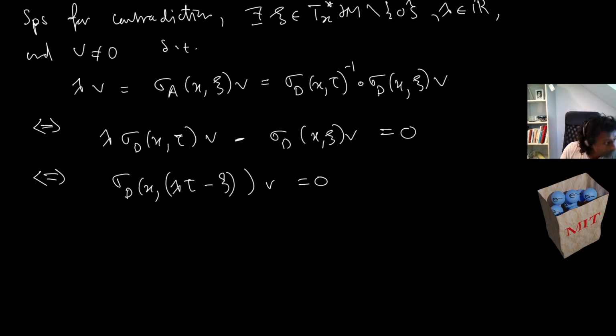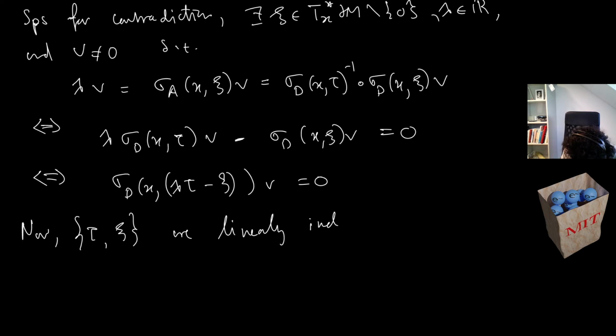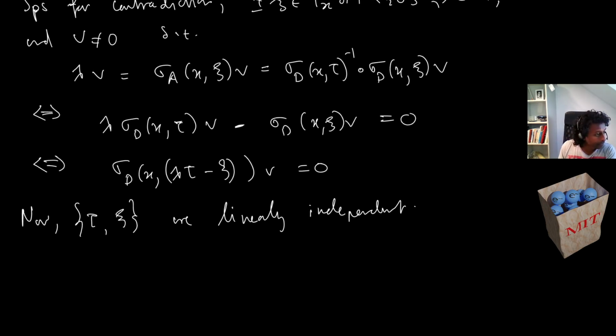So now that means, now tau and psi are linearly independent, right? Because the tau is pointing in the conormal direction. So tau and psi are linearly independent, which in particular means that lambda tau minus psi is non-zero.